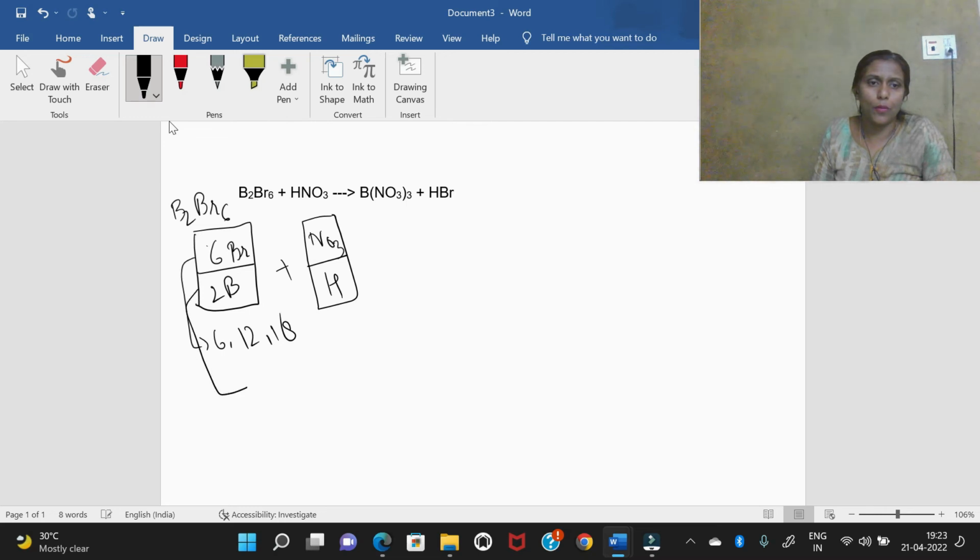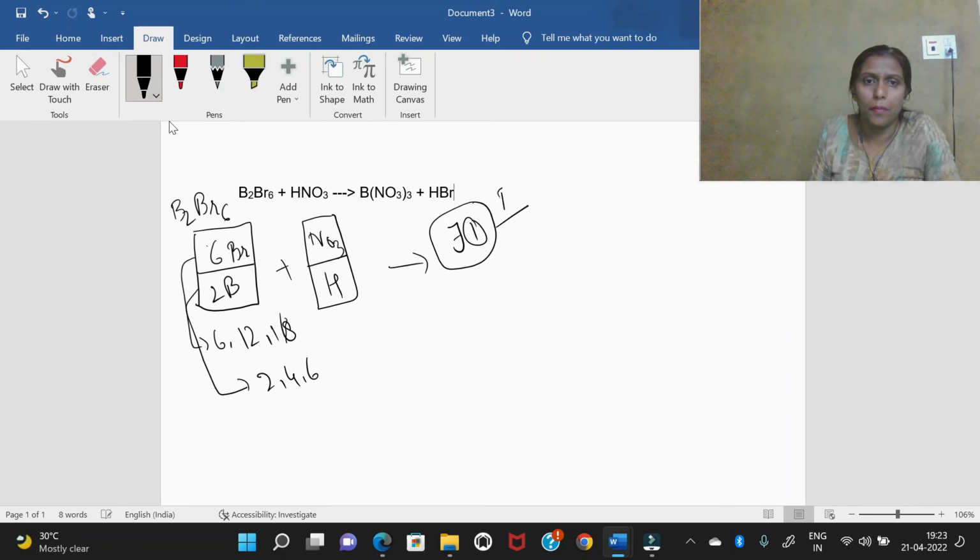And B, the boron, is in the multiples of 2, 4, 6. Now, let us see the requirements. So one family requires, now I write down family 1, okay, requires BNO3 of 3.